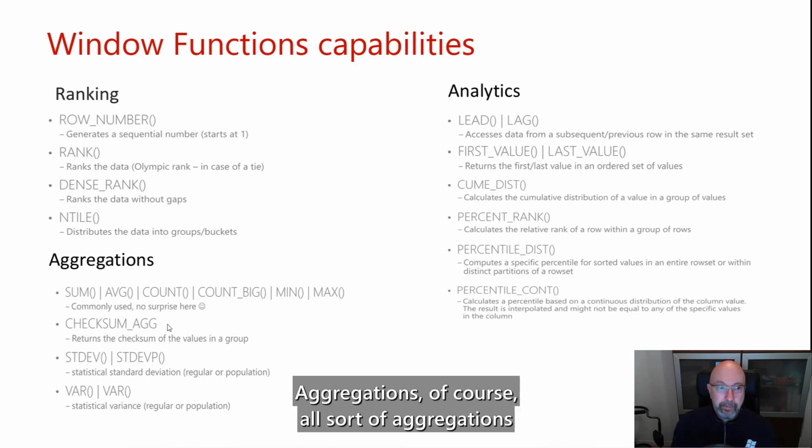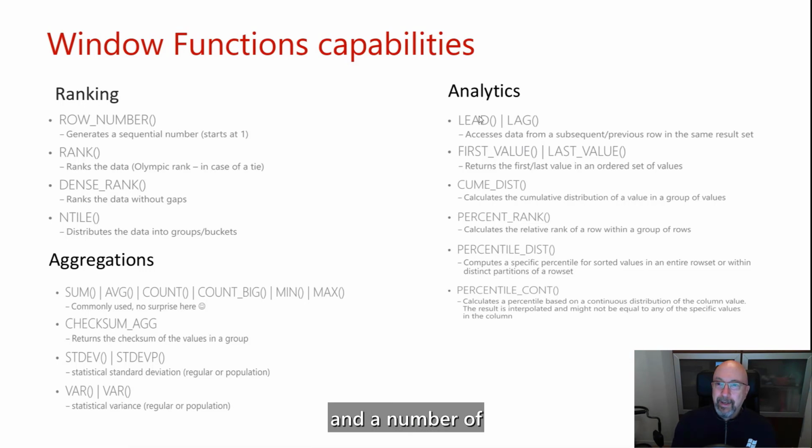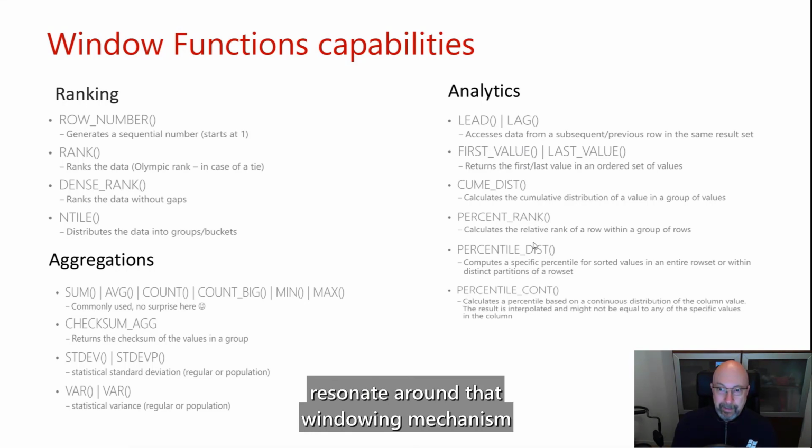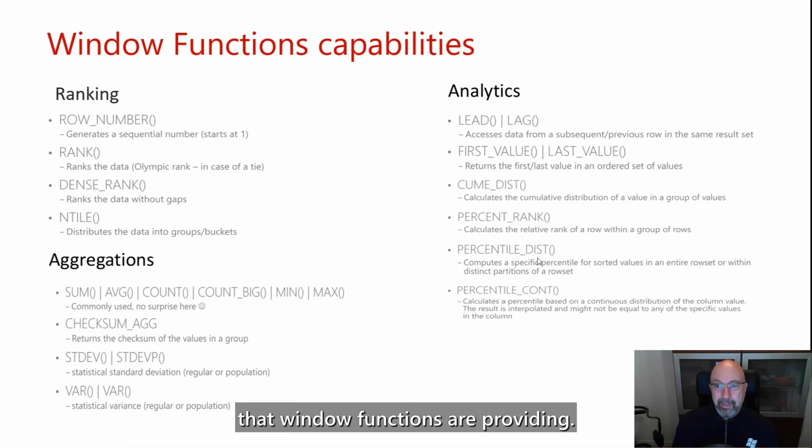There are also aggregations, of course, all sorts of aggregations, including statistical deviations and variance, and a number of other very powerful analytical functions built around the windowing mechanism that window functions provide.